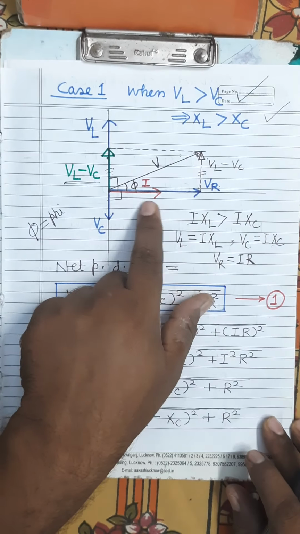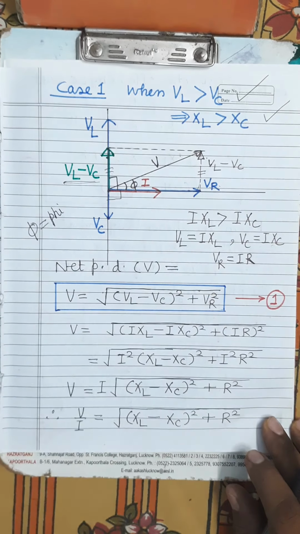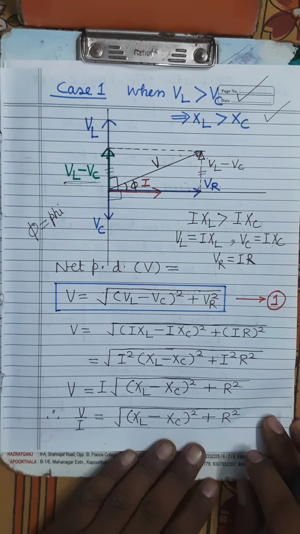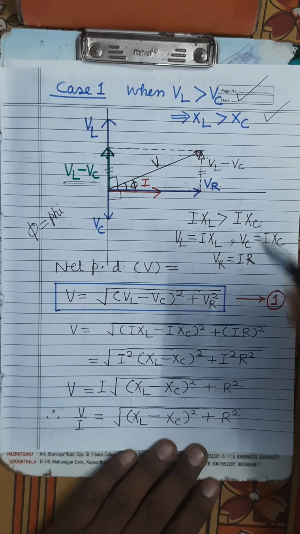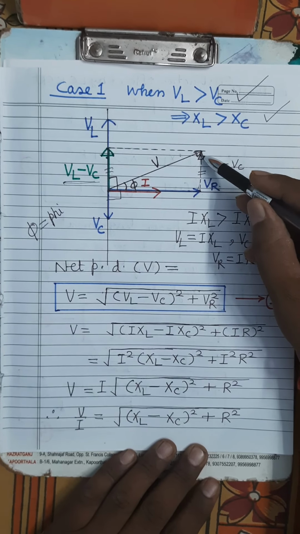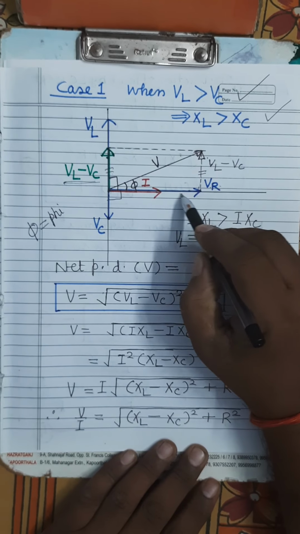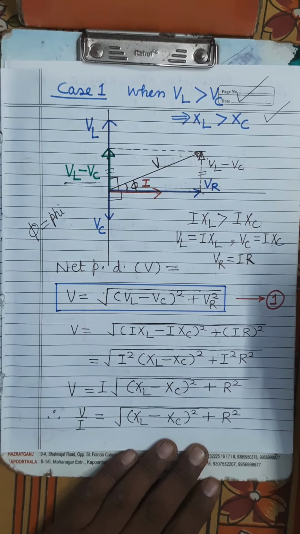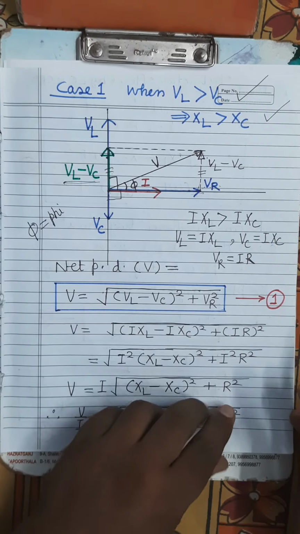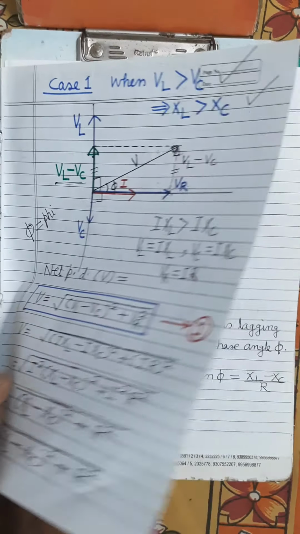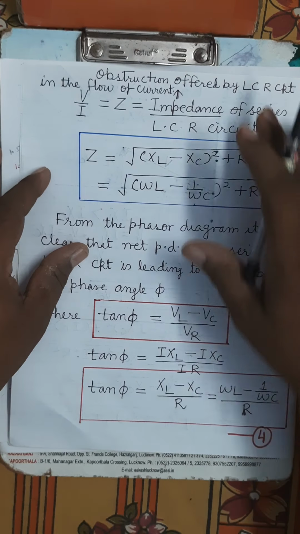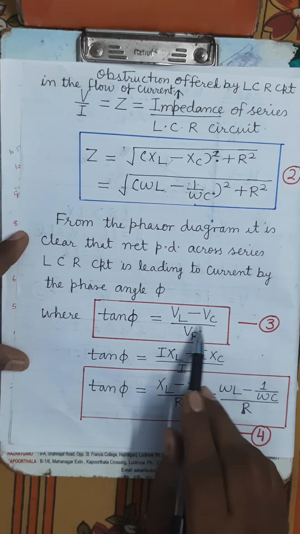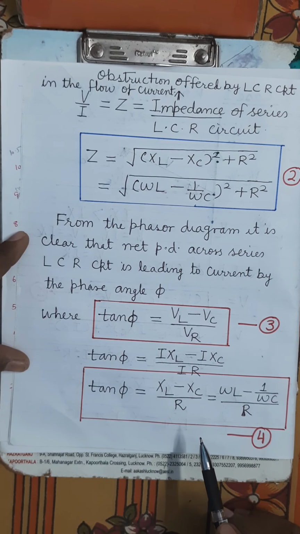So in the series LCR circuit, when the case is this, the net potential difference at any instant will lead the current by a phase difference phi, where tan phi equals VL minus VC upon VR.